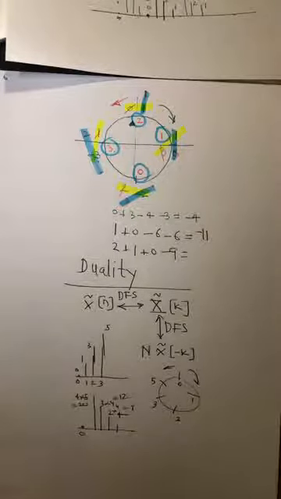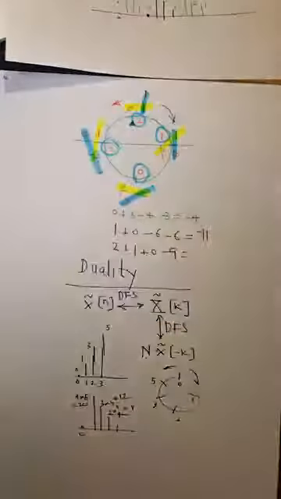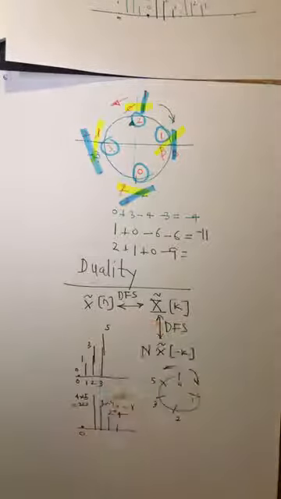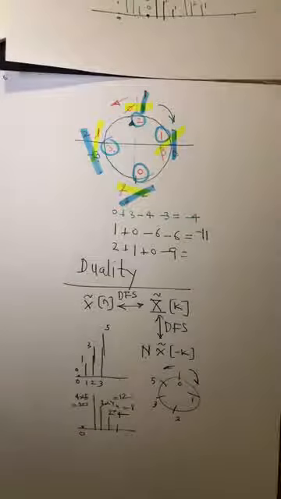So good. But are we interested in discrete periodic signals in signal processing? My answer is no. I have almost zero interest as a DSP person, because I don't deal with signals that are discrete and periodic. Usually in signal processing, I don't deal with these types of signals. I deal with voice, I deal with data coming from the sensors, I deal with all kinds of signals, and all these signals are aperiodic.